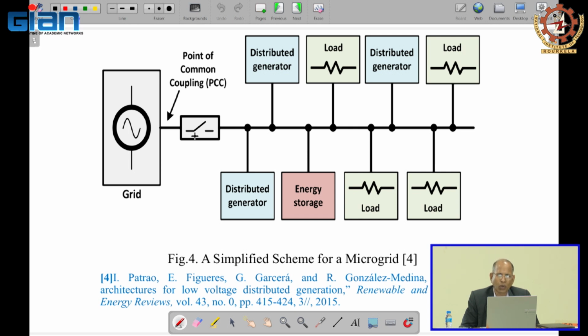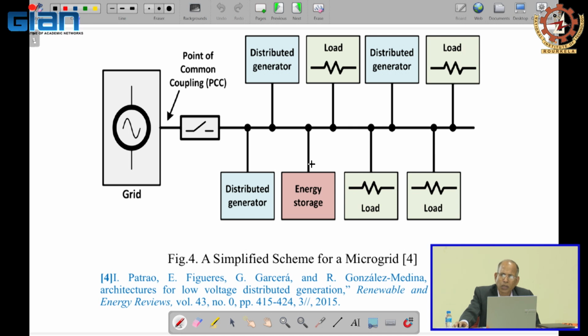So you can additionally have a reactive power support device as well. If there is excess generation, you could even have dump loads as well. So this way your microgrid is comprised.